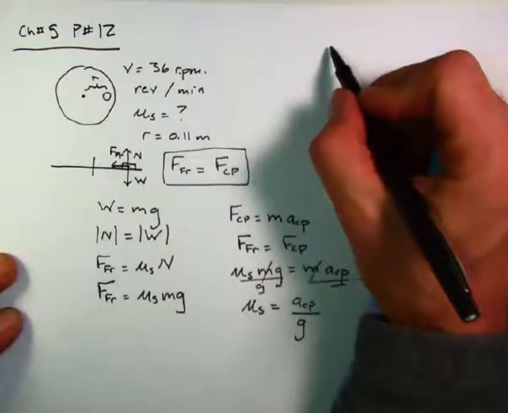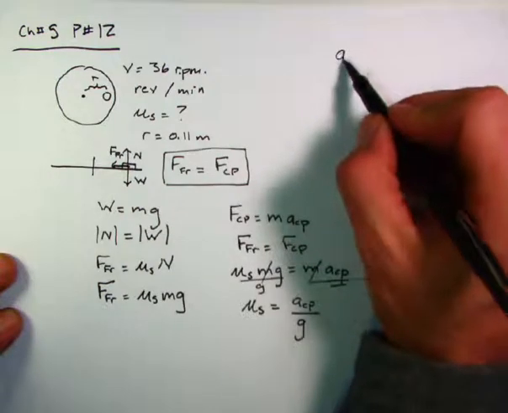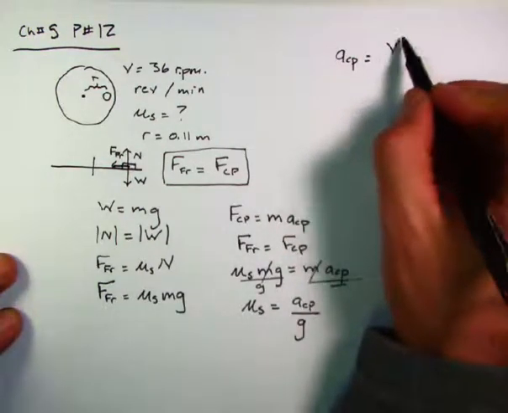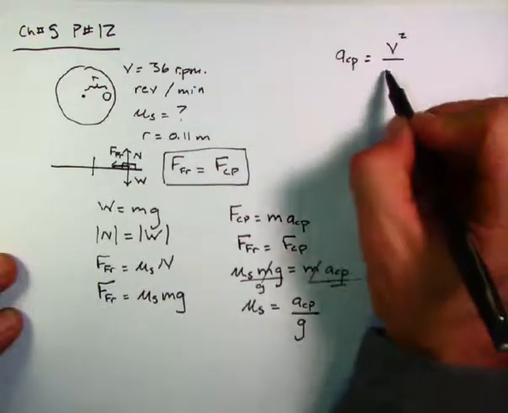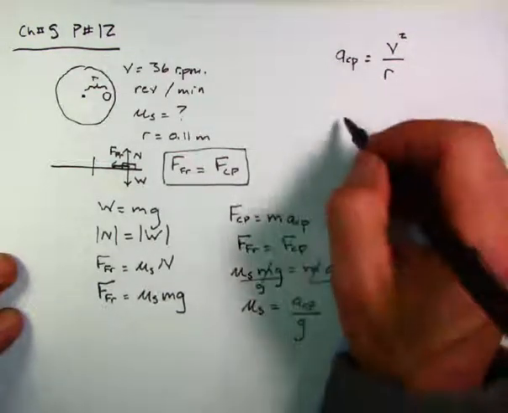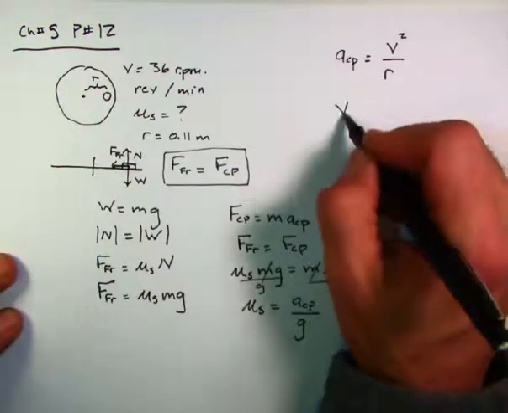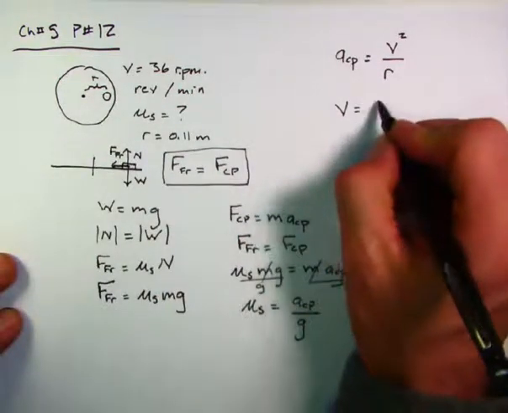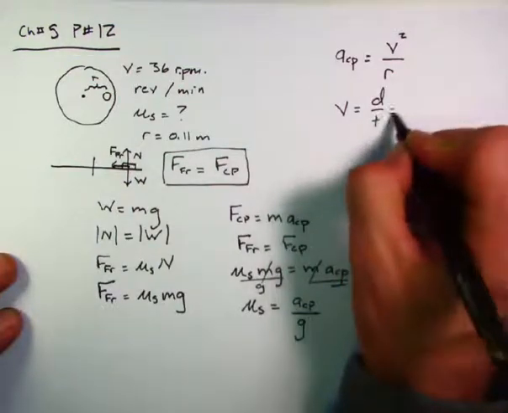Well, let's go off to the side here and see if we can figure out what this centripetal acceleration is. It's got to be v squared divided by r. Let's figure out v, the speed of this coin rotating. Well, speed is distance over time.